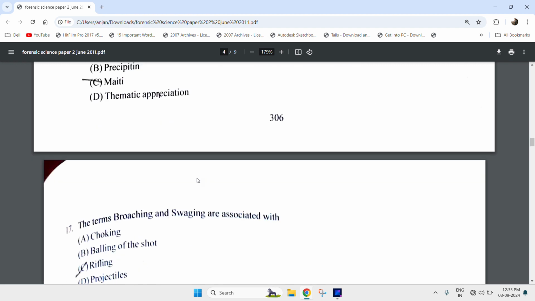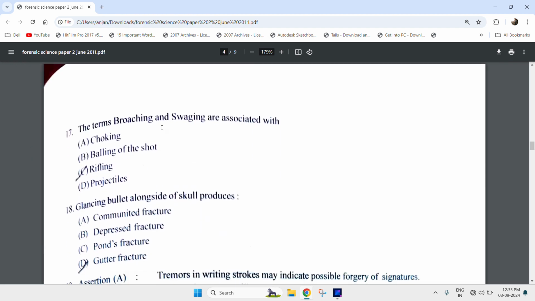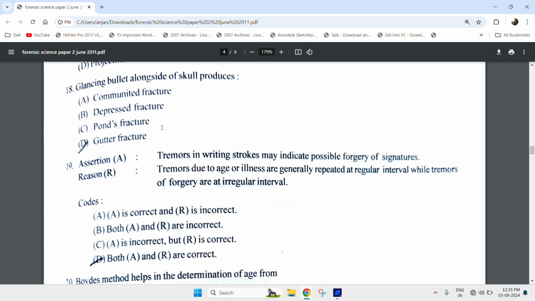The terms broaching and swaging are associated with rifling. Silencing bullet alongside of skull produces gutter fracture.